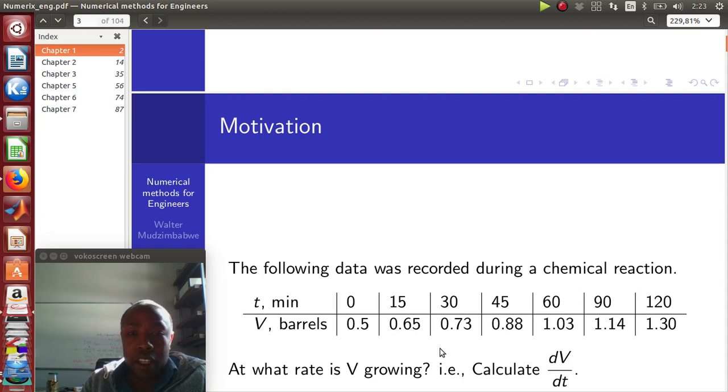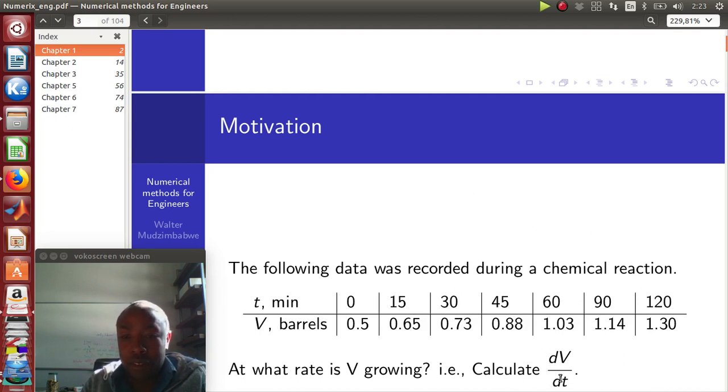The reason why you would want to find the rate at which V is growing is maybe you want to create the space to collect whatever is being produced in this region. If this example doesn't make sense, at least the mathematics will. This is a fictitious example.